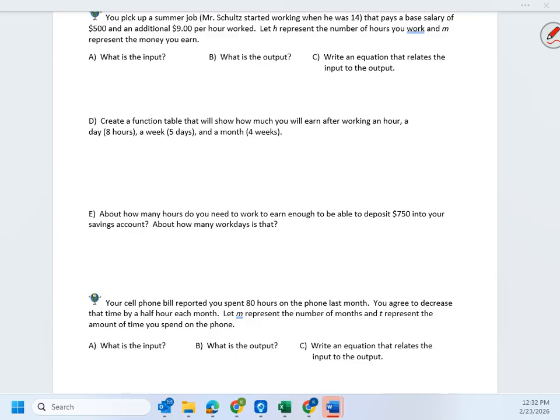Madeline? Hours. How did you know that hours was the input? Because it can change. Because if we look down here, we can see we're changing the hours. It's telling us in your function table, this is what you're putting in for the hours. So if our hours is what we're putting in, what are we getting out? Madeline? Money.